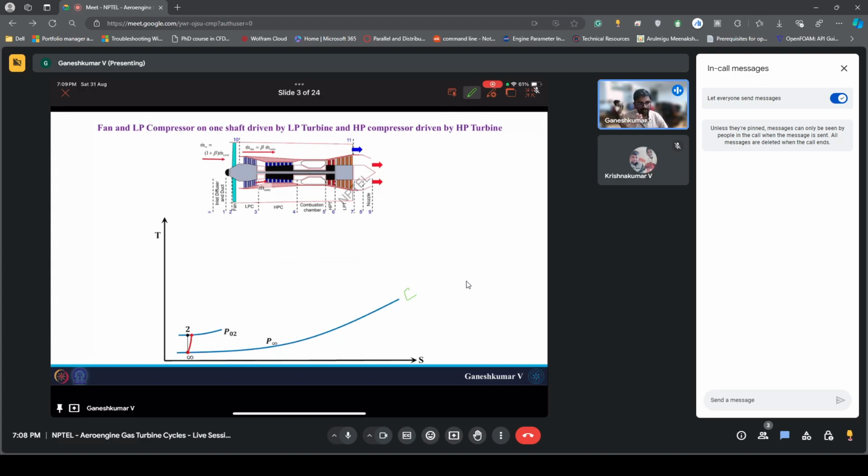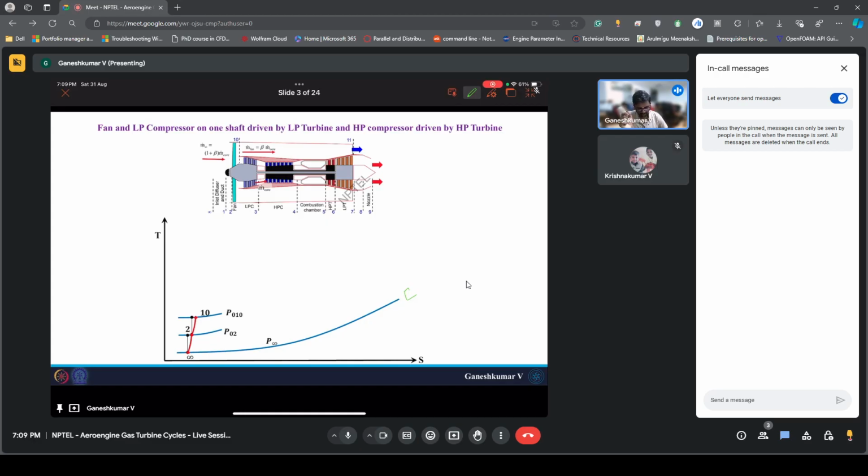After the inlet, it first gets compressed in the fan. The entire air stream goes through the fan.